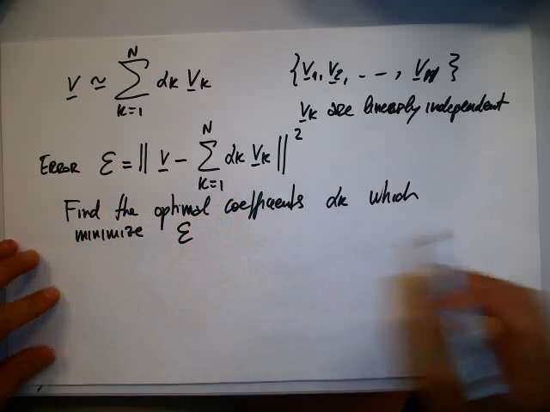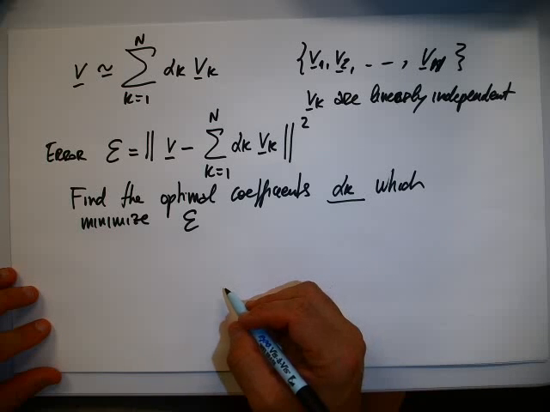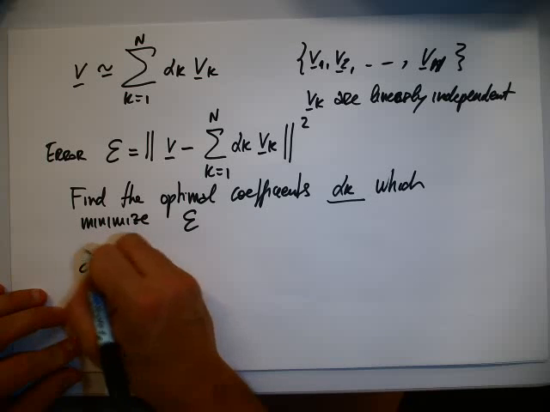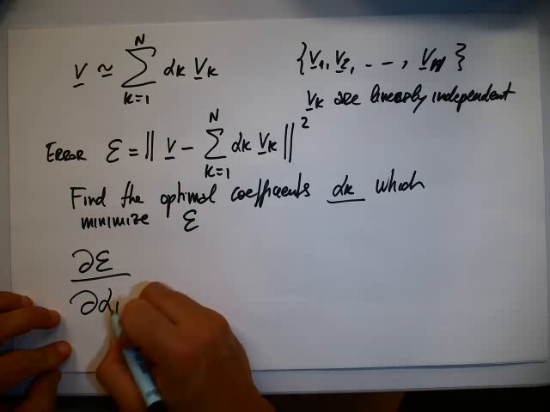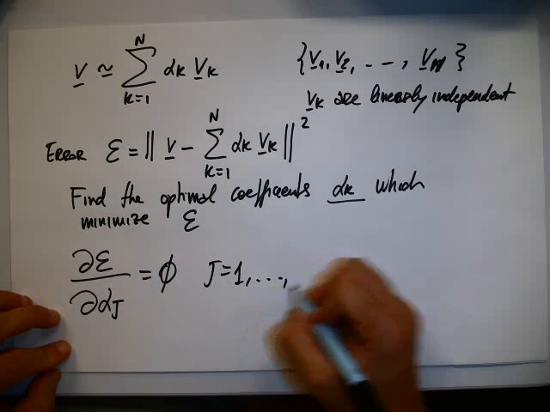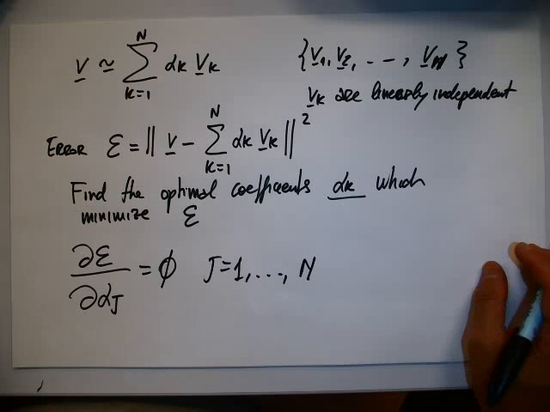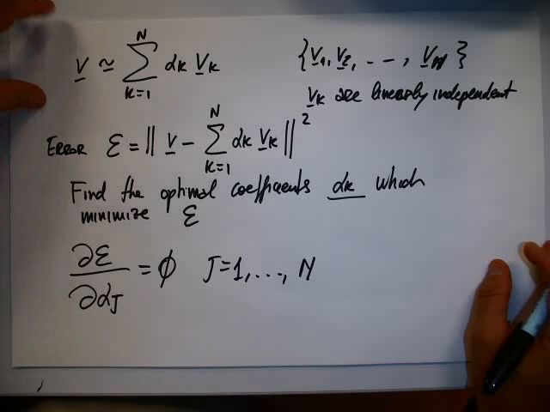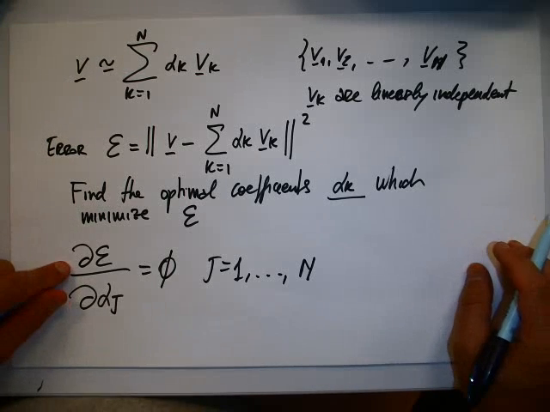And we know how to do that because we are engineers, so we know how to compute derivatives. So we have to impose that the derivative of the energy of the error with respect to alpha j has to be equal to 0 for any j from 1 to n. Okay? This is the sufficient condition to have a stationary point.